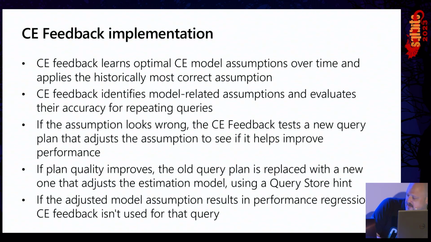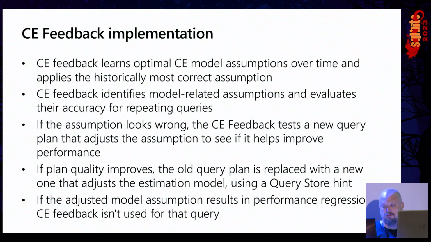Okay, so CE feedback identifies model-related assumptions and evaluates whether they're accurate for repeating queries. If an assumption looks incorrect, the subsequent execution of the model is tested with a query plan that adjusts the impactful CE model and verifies that it helps. Very similar to what we saw with the other feedback mechanisms, right?